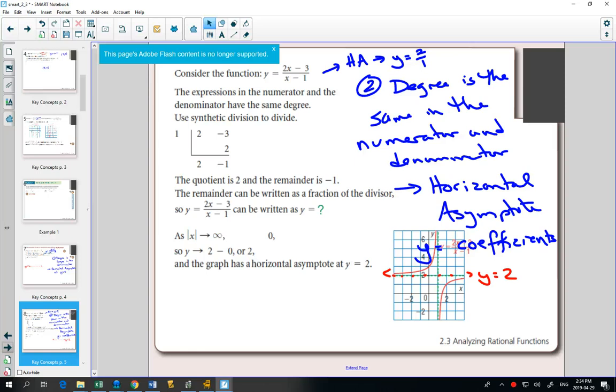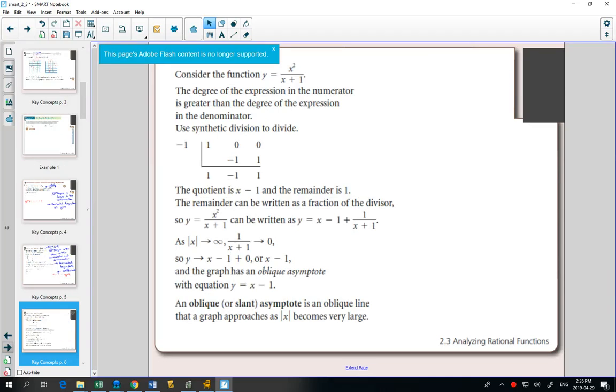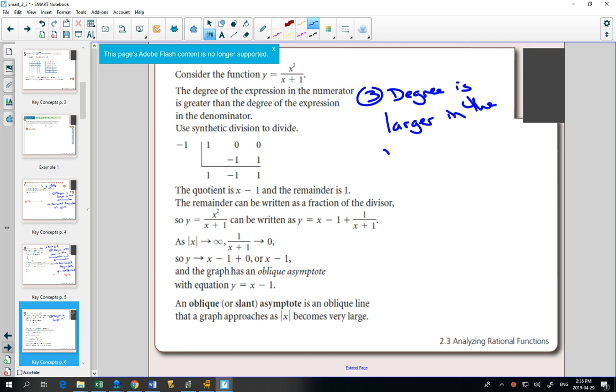So we've had 2 of the situations, degree bigger in our denominator, degree is the same. What haven't we talked about? Situation number 3, the degree is larger in the numerator.